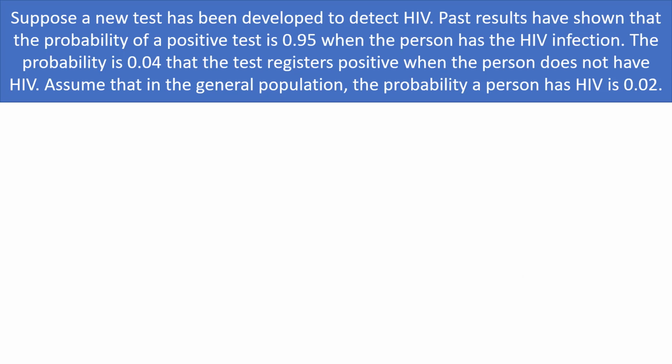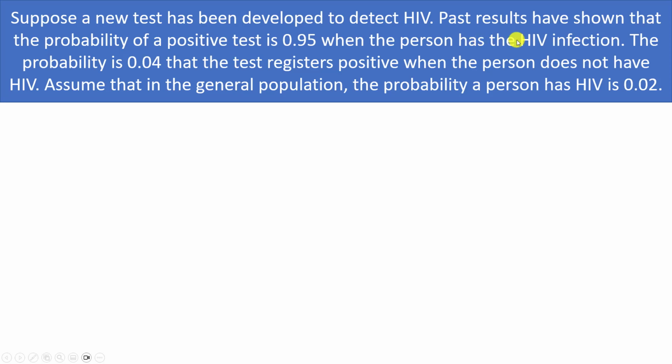Let's look at an example that's a little bit more involved than 2 coin flips. Suppose a new test has been developed to detect HIV. Past results have shown that the probability of a positive test is 0.95 when the person has the HIV infection. So a positive test is indicating that someone has HIV.